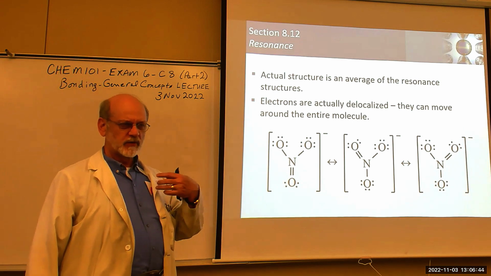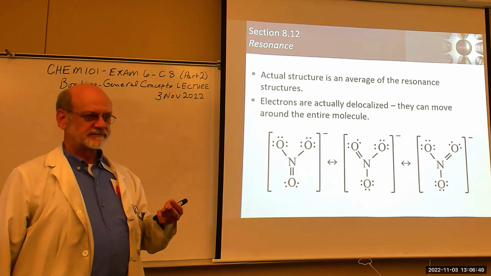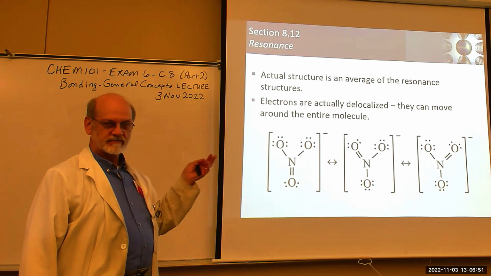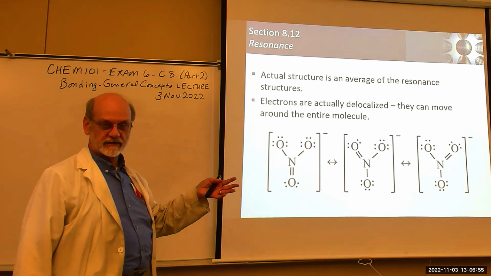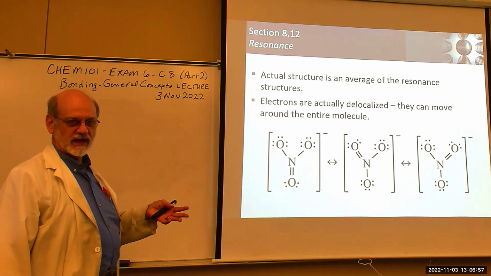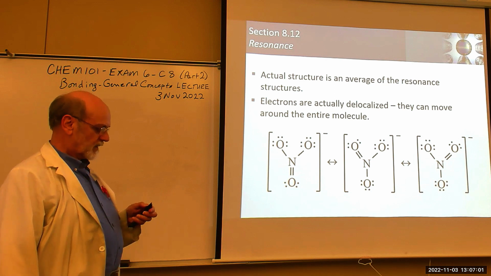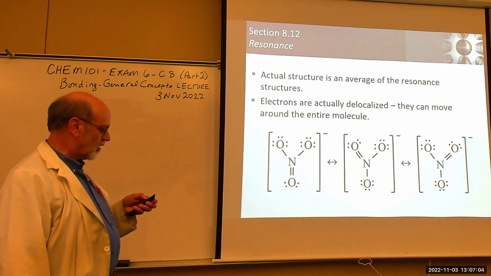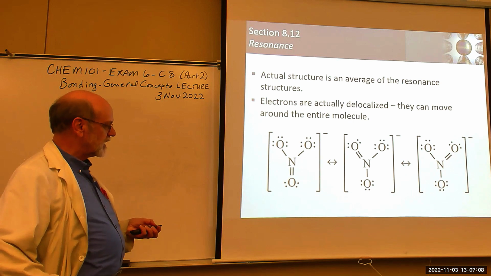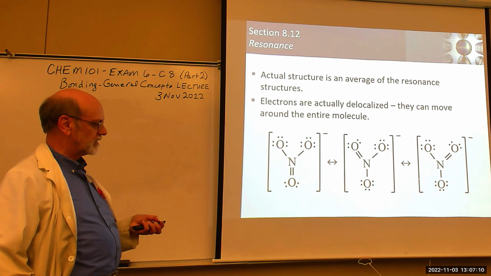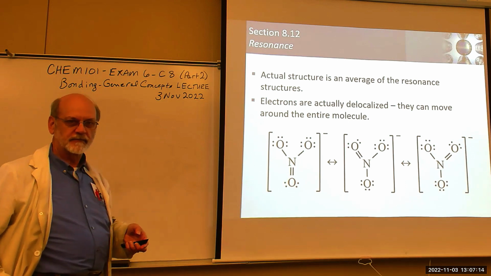Remember that when the model hiccups or fails, you have the option of amending it, tweaking it. And this is our tweak for the localized electron model. It's called resonance. So what we're saying is that these are all valid structures, but the true structure is somewhere in between. They resonate back and forth. So you really can't tell.